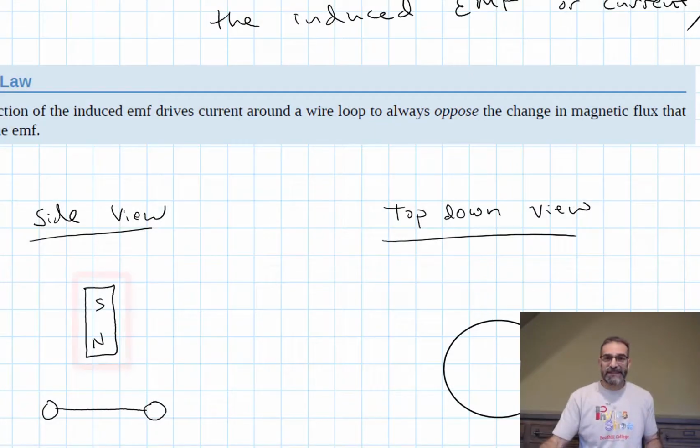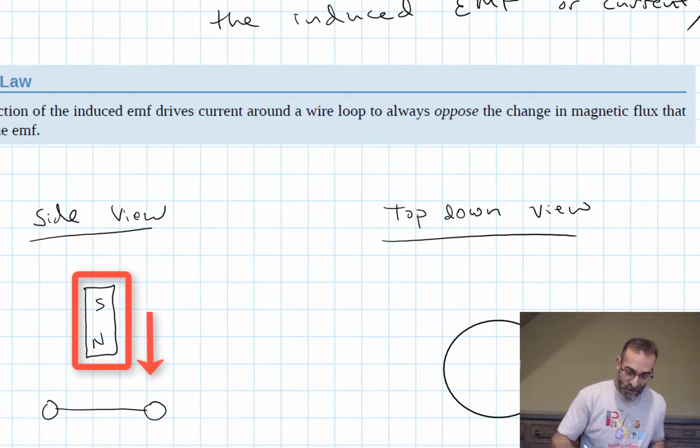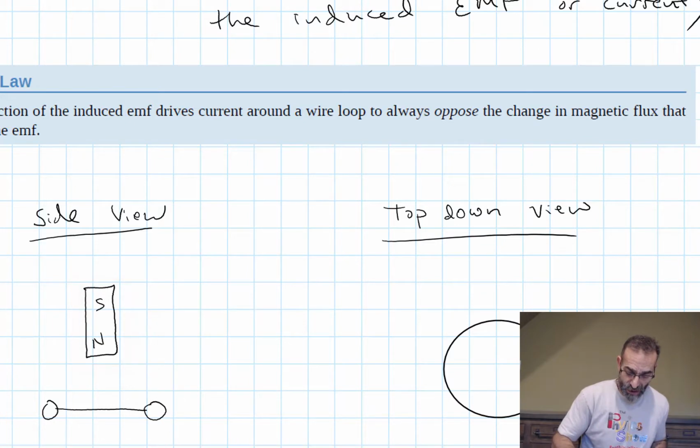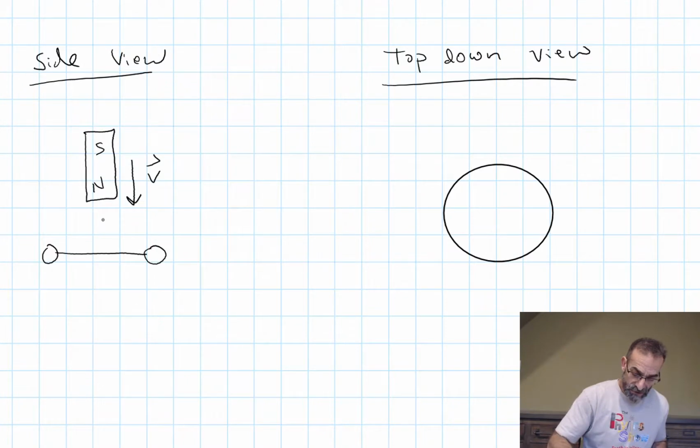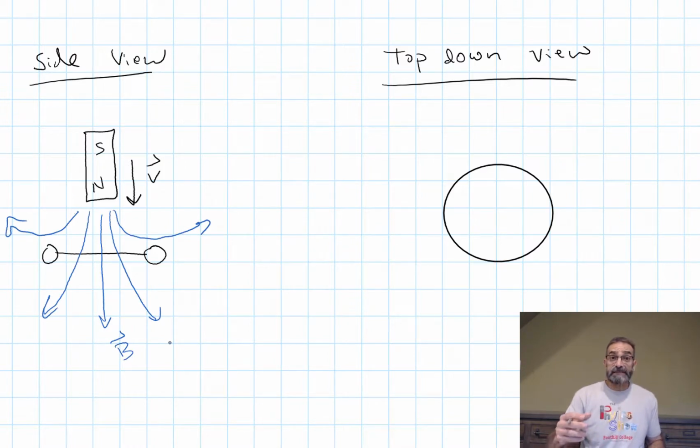If we have a bar magnet moving down the page toward this loop of wire, the loop of wire is perpendicular to the page. I've drawn a cross section of it here, and our magnet is moving in this direction. Well, let's draw the magnetic field lines. The magnetic field lines come out like this. And as the magnet gets closer and closer to the loop, the magnetic field gets stronger.